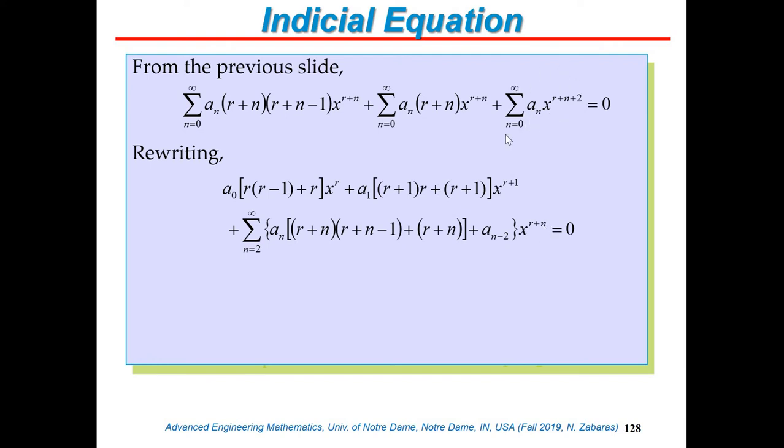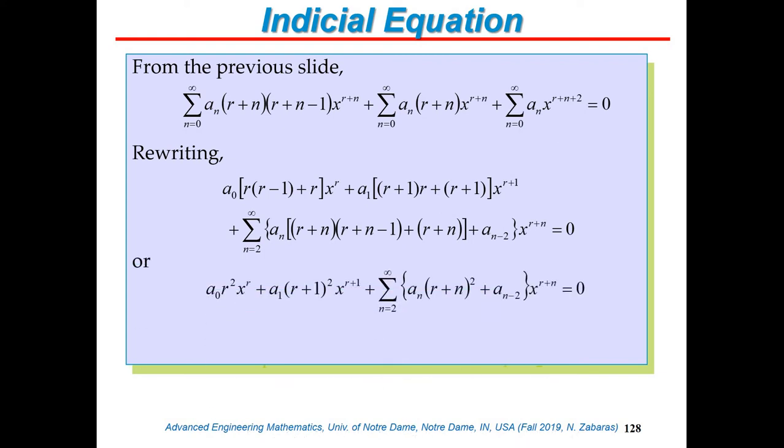So basically we're shifting indices by 2 in this last summation to get this. So we have written explicitly x^(r+1), and then the remaining terms x^(r+2), x^(r+3) with this summation.